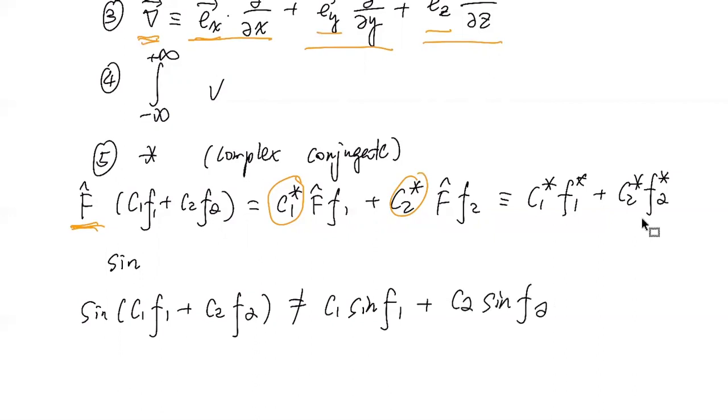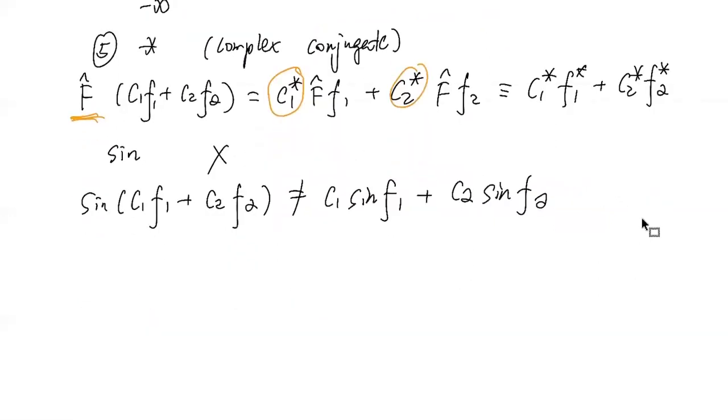In general, you will not get C1 sine F1 plus C2 sine F2. Therefore, sine is not a linear operator, right? How about square root? Square root is not, in general, a linear operator. How about log or natural log? They are, in general, not linear operators.